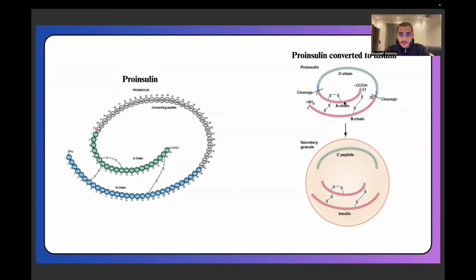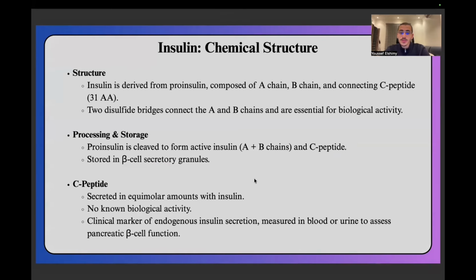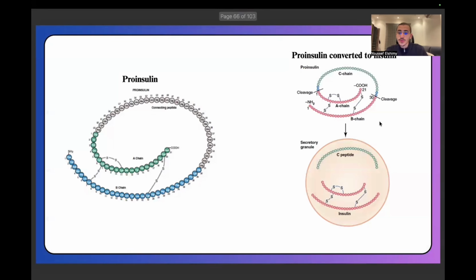But the insulin is then stored in secretory granules alongside the C-peptide. And this is important because the C-peptide is secreted in an equimolar amount with insulin. So whenever insulin increases, C-peptide increases, because they are both stored in the same secretory granule and secreted together.